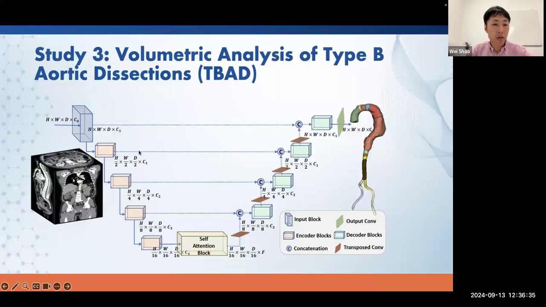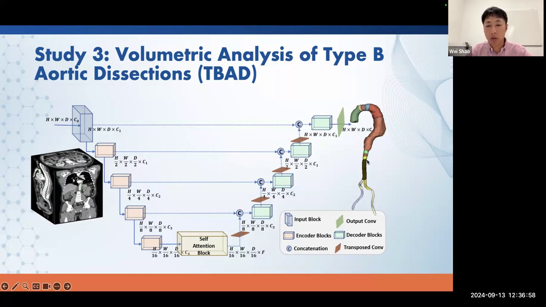For this project, the first step to make that happen is to segment the different zones of the aorta from a 3D CT image. After we segment the different zones of the aorta, we can measure the diameter and the volume of the aorta at different zones.